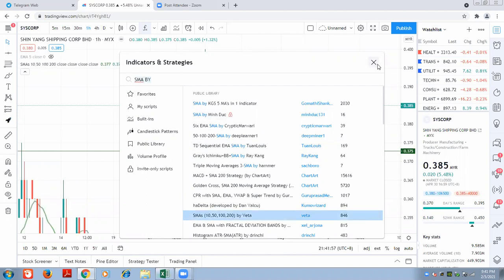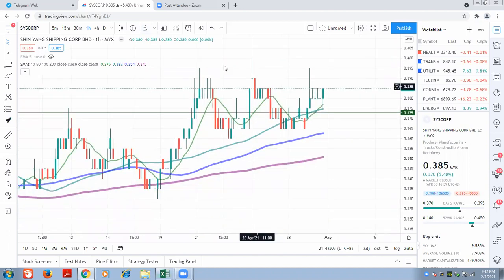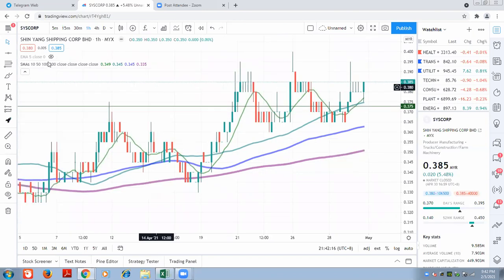It's a free tool. So you need to adjust based on my recommendation. Now it's 10, 50, 120. Okay, so now we need to change.